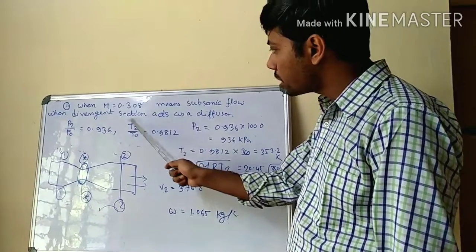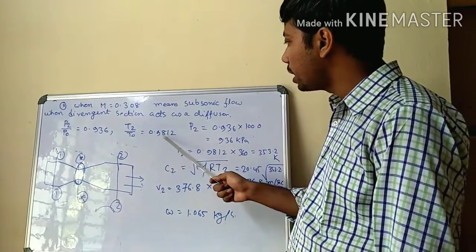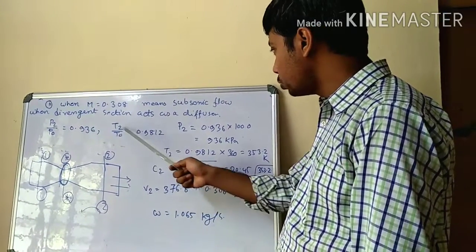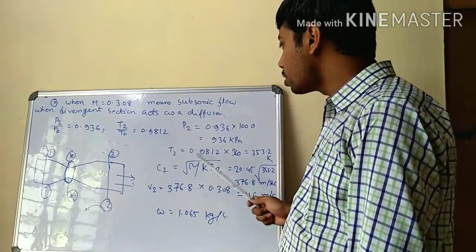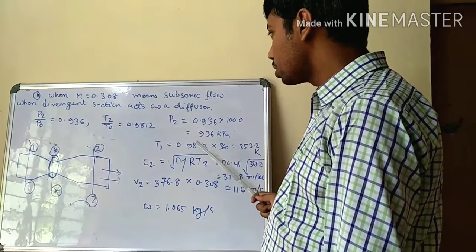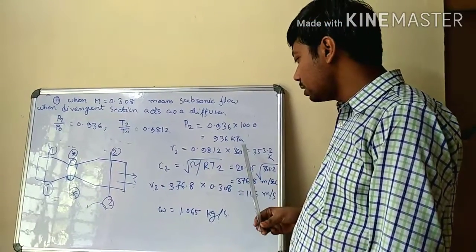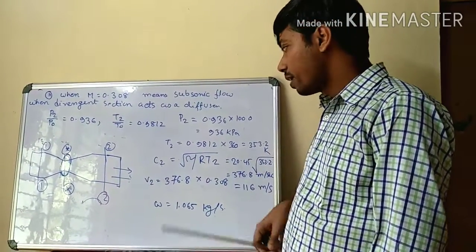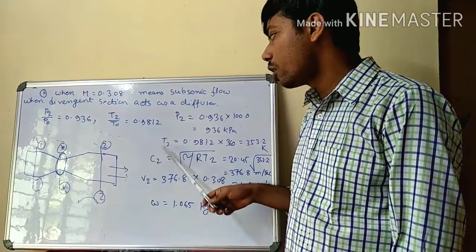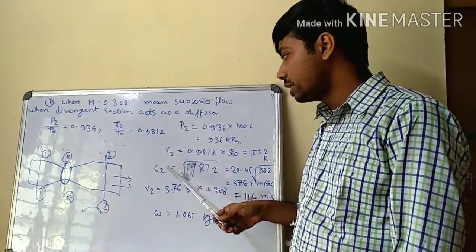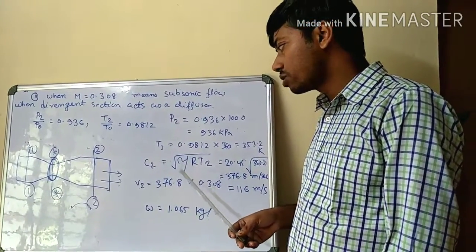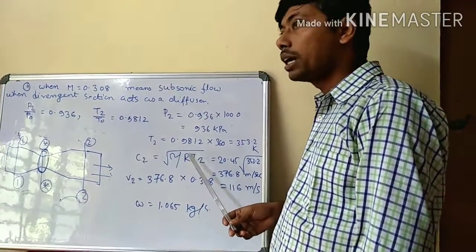From this expression, T2 by T0 is 0.9812, so T2 will be this one into T0. T0 is 360, given in the numerical. Now T2 is basically 353 Kelvin. Now the velocity of sound C2 for a reversible adiabatic process is under root of gamma R T2. Gamma value for air is 1.4 and R value is 0.287.